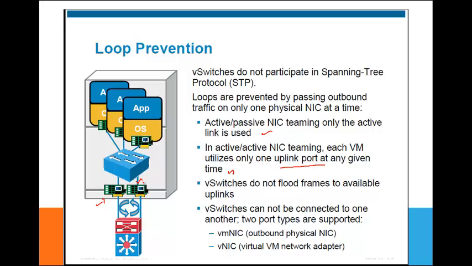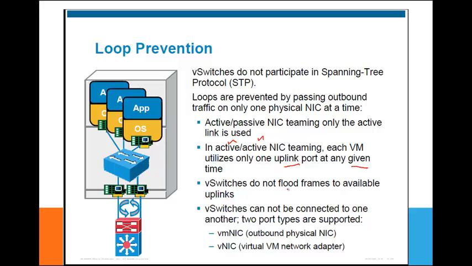That link it sends. Even if we have both active in NIC teaming, it is not going to send via both links. It is going to send via one of the uplinks which is active at the given time.